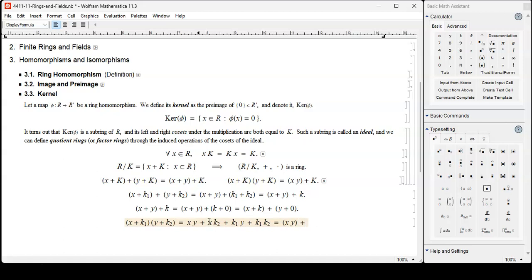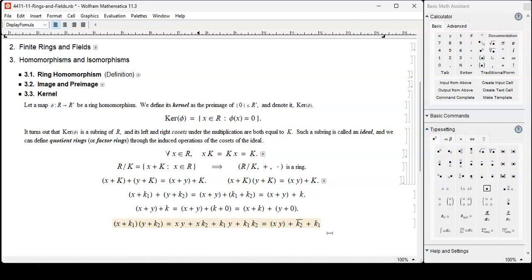And then x times k2, wait a minute. It belongs to the left coset, so this is going to be a certain element of K. Which k? Let's keep k2, but some other expression like k2 bar. How about this? k1y, it's in the right coset, but that's the same as K. So what expression shall I use?